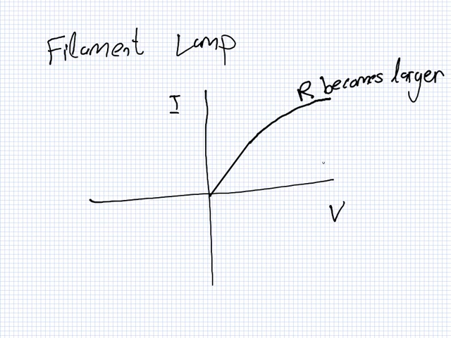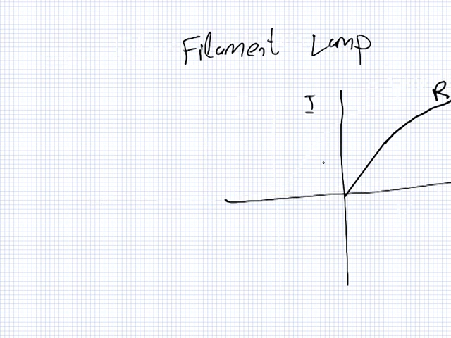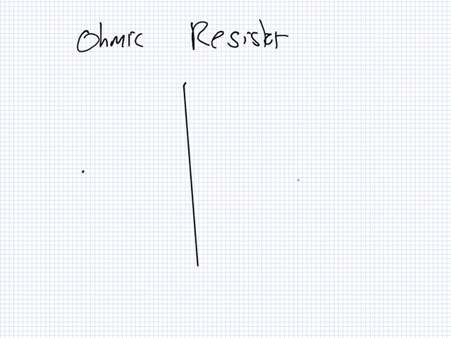That's important. Just so you know, for the exam, there's 3 of these graphs you must know. This is the second of the 3. Just to add the other one here, the previous graph was for an ohmic resistor. And that one was the nice one because that's just a straight line like that.